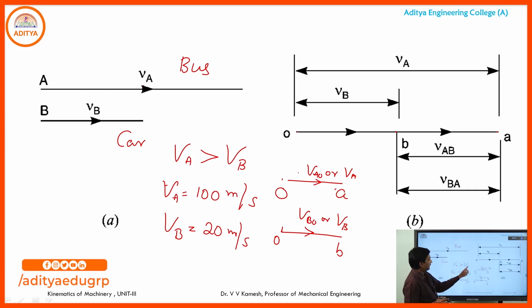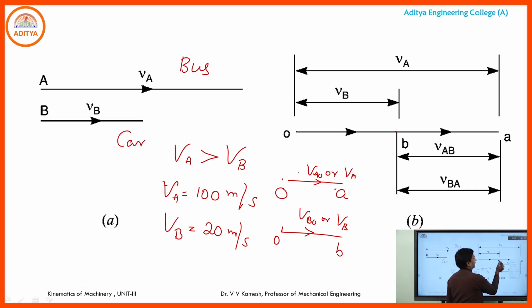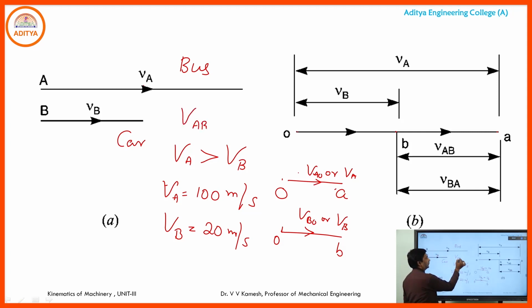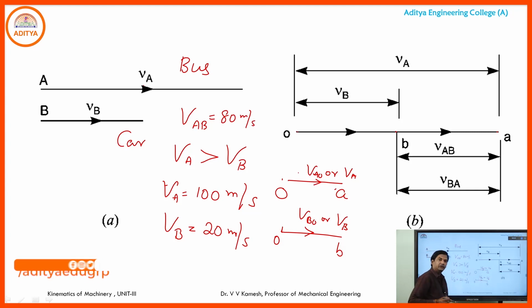Here A is ahead of B. So the difference OA minus OB is representing VAB, that means velocity of A with reference to B. It is positive because A is ahead of B. From measurement, OA is 100 and OB is 20, so A is ahead of B by 80 meters per second. So VAB is 80 meters per second.